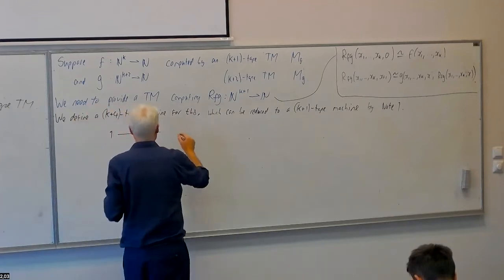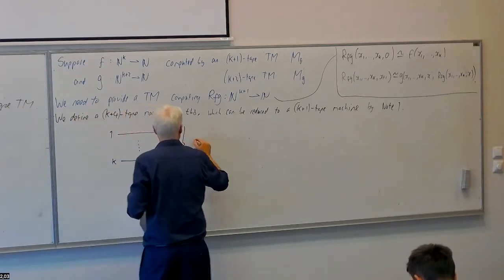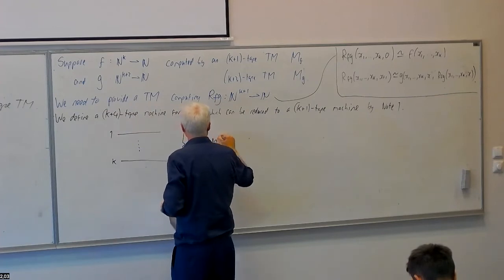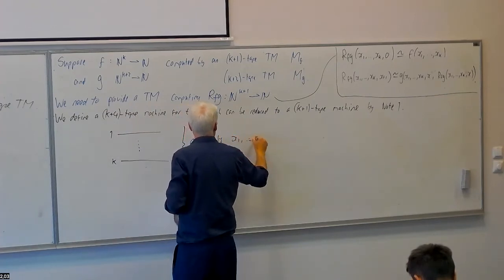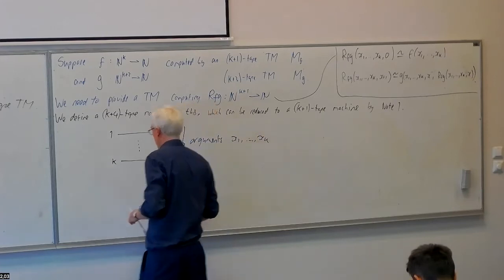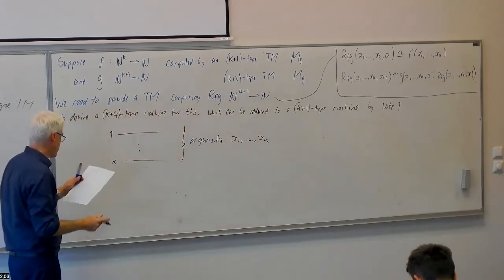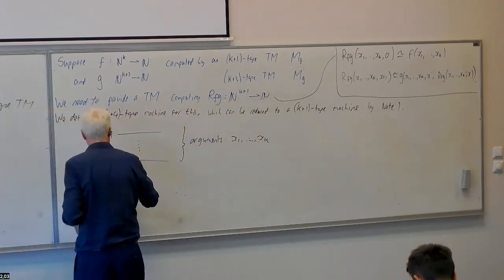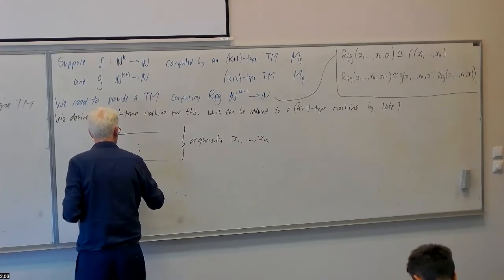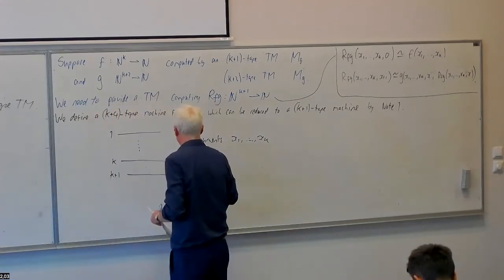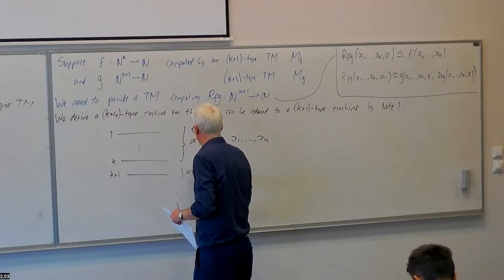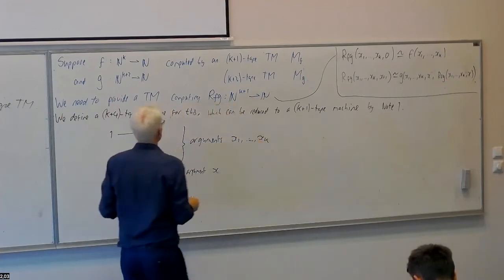So the first k tapes are going to be the arguments x1 through to xk, one for each, given in binary representations of the natural numbers. Tape k plus 1 is going to be the argument x, the k plus 1th argument.